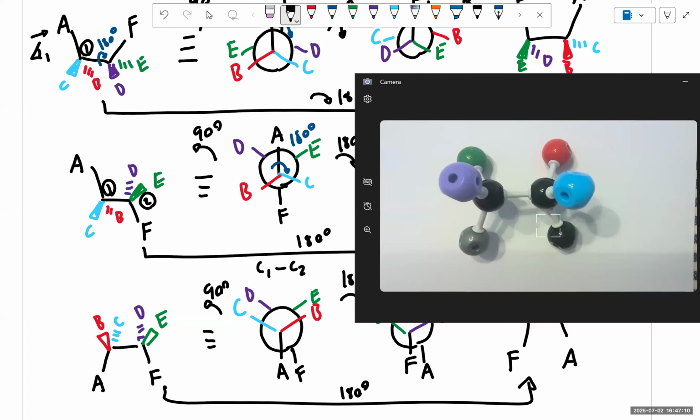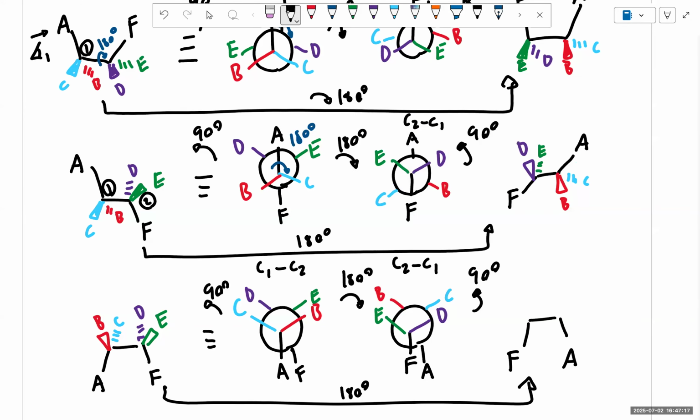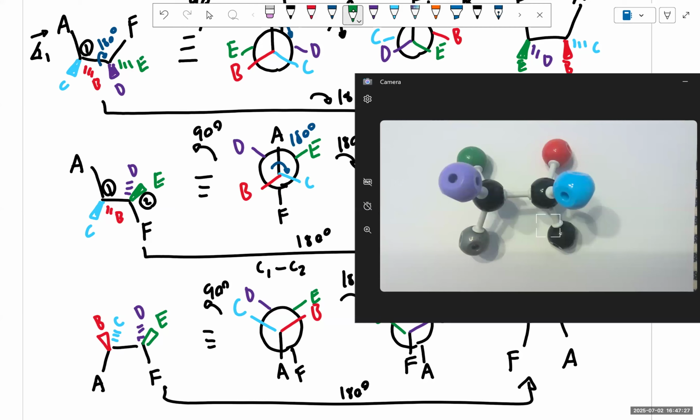Same molecule, different view. The purple and blue atoms, atoms D and C, are wedged, while the green and red atoms, atoms E and B, are dashed.